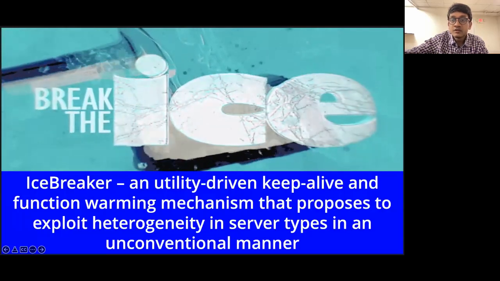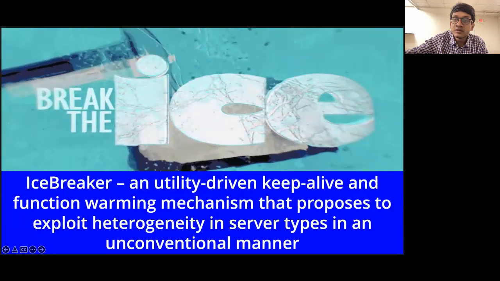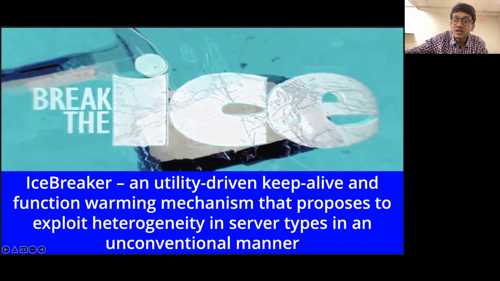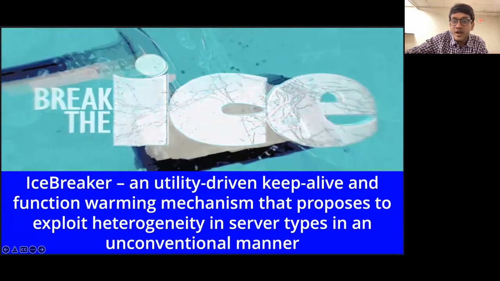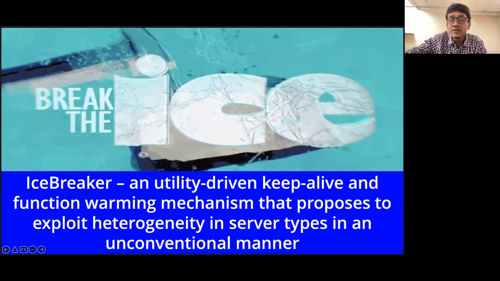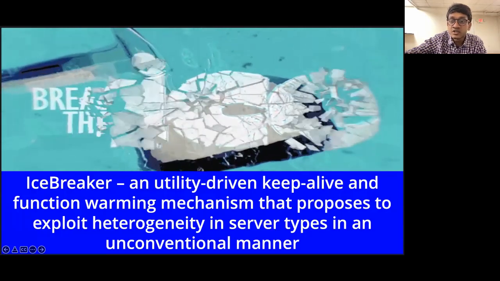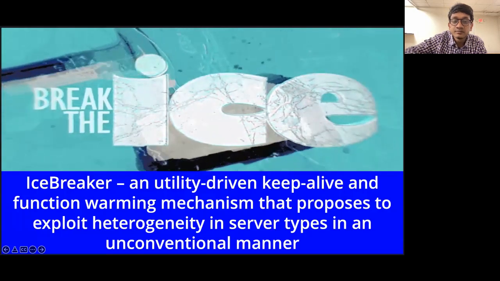With these motivations, we designed IceBreaker, which is a keep alive serverless function warming technique, and it exploits heterogeneity in an unconventional manner. IceBreaker makes its decisions based on a dynamically calculated utility function or a utility score, which we'll discuss in the later slides.